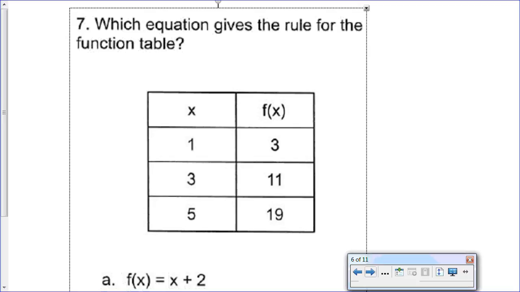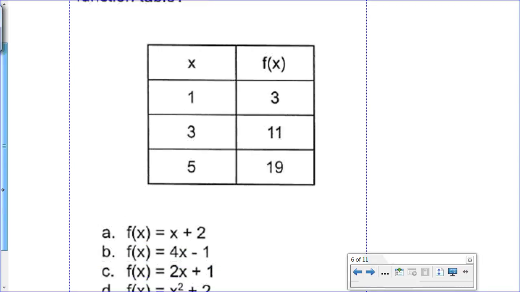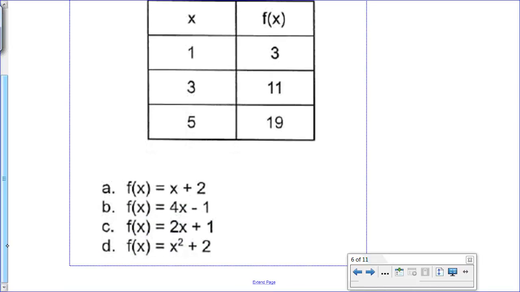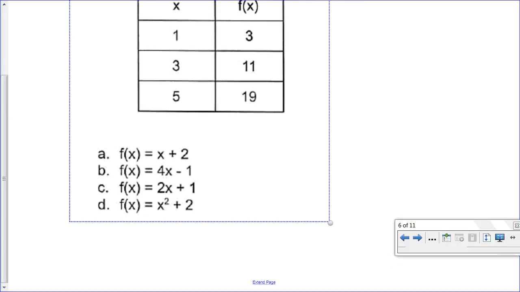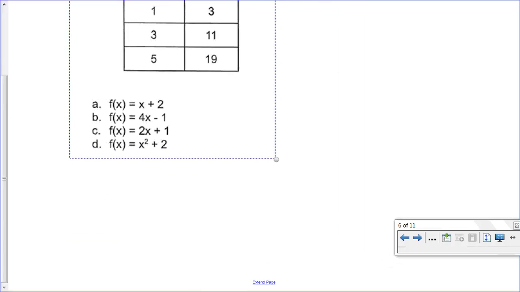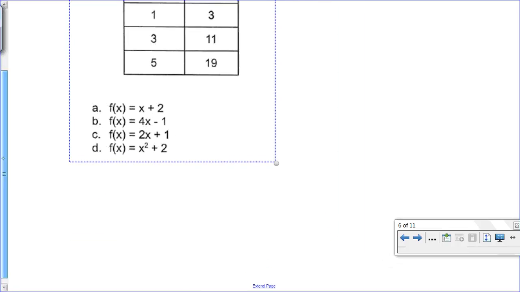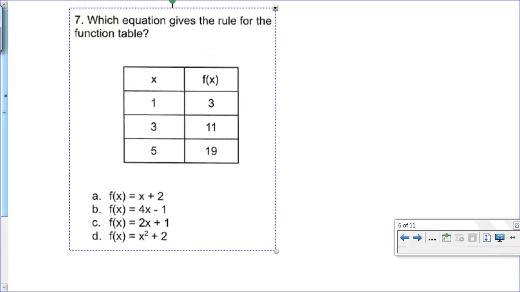Okay, so one thing we're going to do, make this a little smaller so we can see it. Which equation gives the rule for the function table? So this time they're actually giving you the inputs and the outputs.